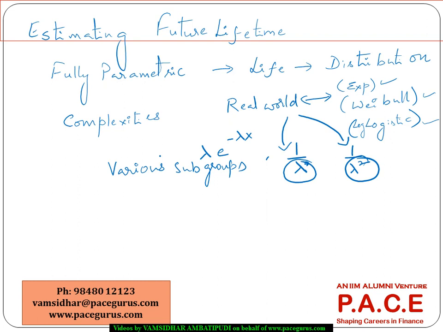So that's where we get into a slightly different approach, wherein we talk about the usage of covariates as part of a semi-parametric model. I will be talking about the regression model soon. So we are talking about the usage of covariates.